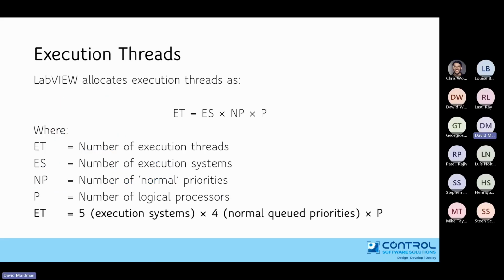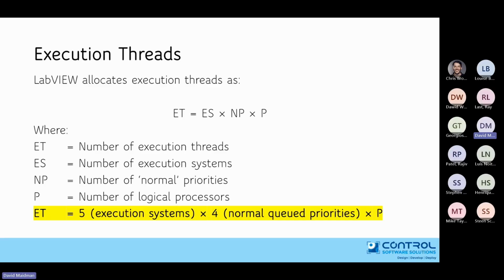What LabVIEW does is request a certain number of execution threads. The theoretical maximum number of execution threads is the number of execution systems times the normal priorities times the number of processors.